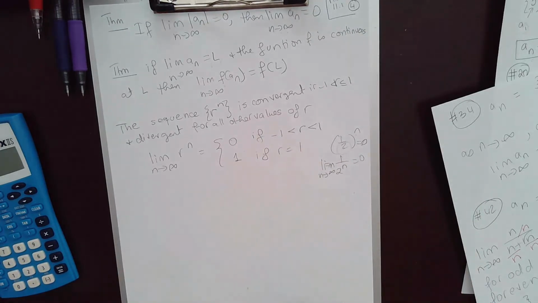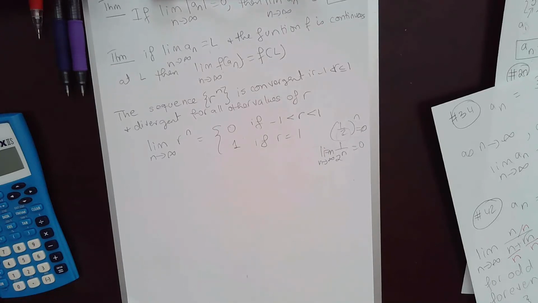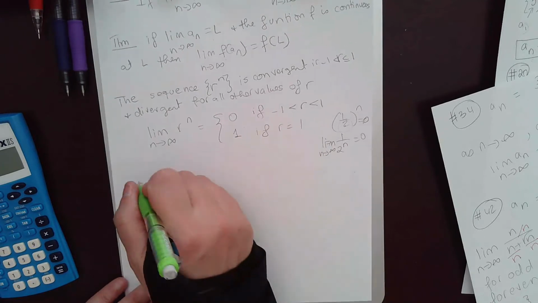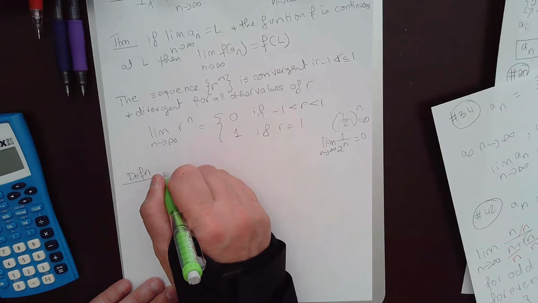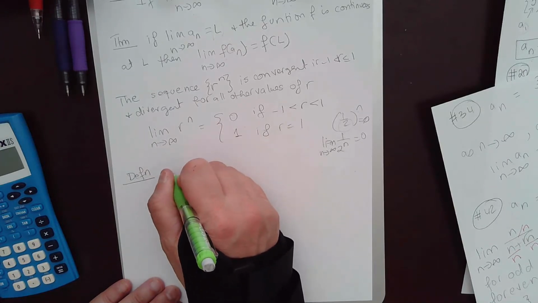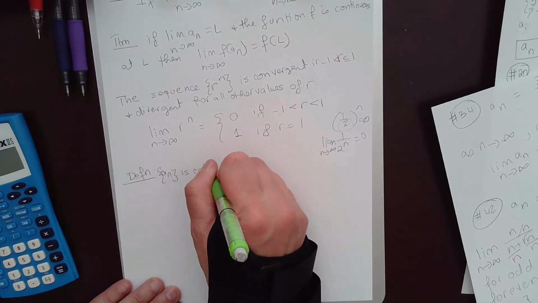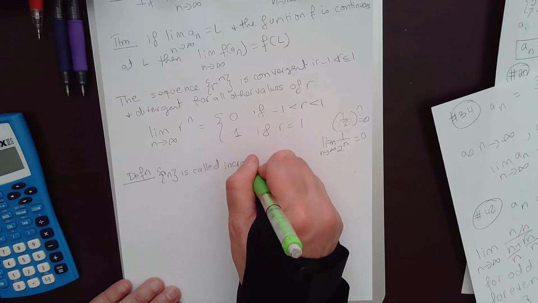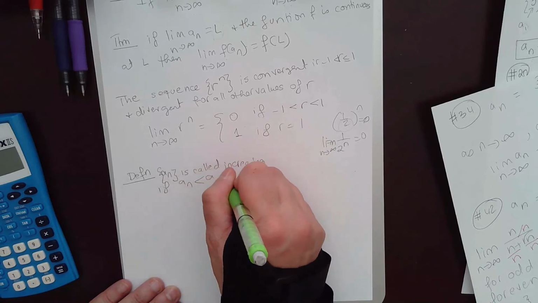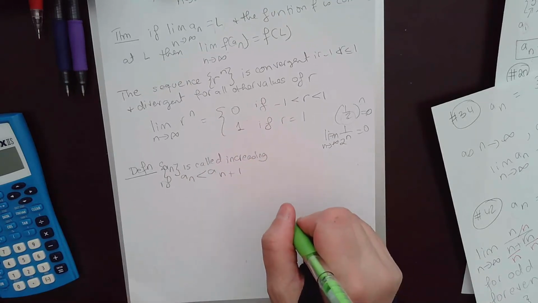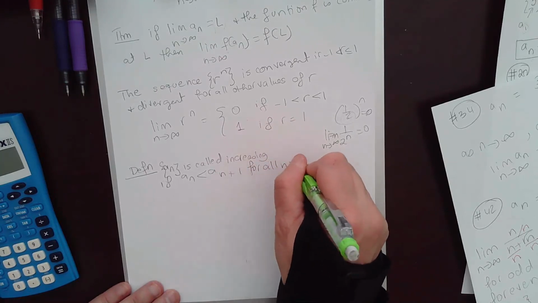So that's what we have. So when do we have a sequence increasing? A definition here. A sequence is called increasing, and you can see it in the values, right, if an is less than an plus 1, an plus 1 is less than an plus 2, and so on, for all n greater or equal to 1.